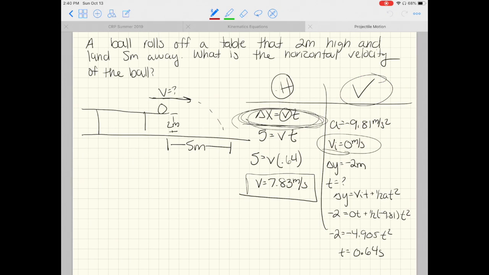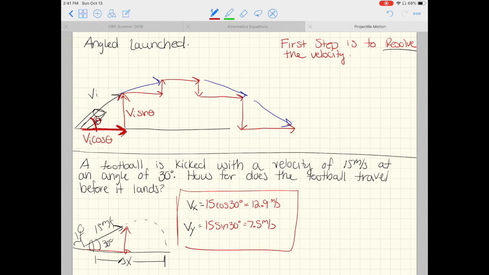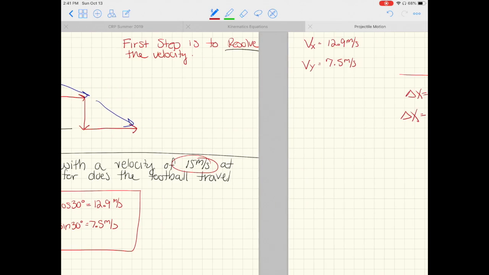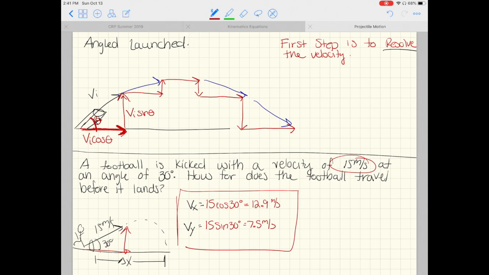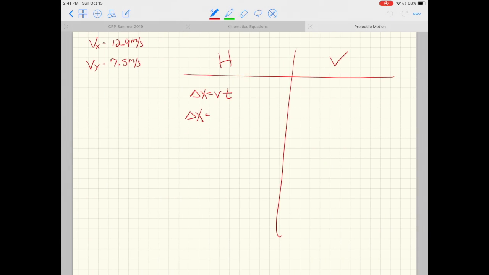Before, we were going straight across, so all that velocity was horizontal, pushing me straight across. However, here, my initial velocity is actually split up between the x and the y components. So instead of using 15 as my initial horizontal velocity, I'm going to use 12.9 because that is the horizontal component of that velocity that's making it move to the right.